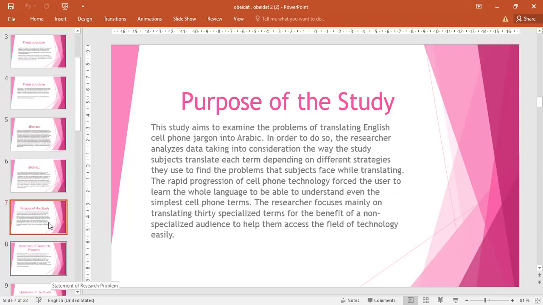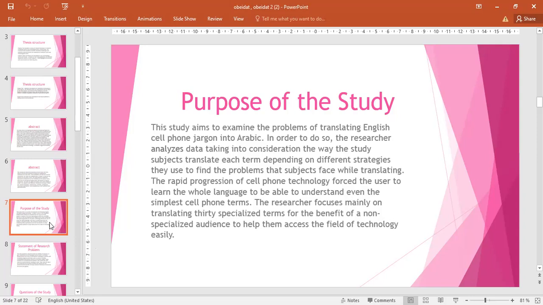The purpose of this study. This study aims to examine the problems of translating cell phone jargon into Arabic. In order to do so, the researcher analyzes data taking into consideration the way the study subjects translate each term depending on different strategies they use to find the problems that subjects face while translating.